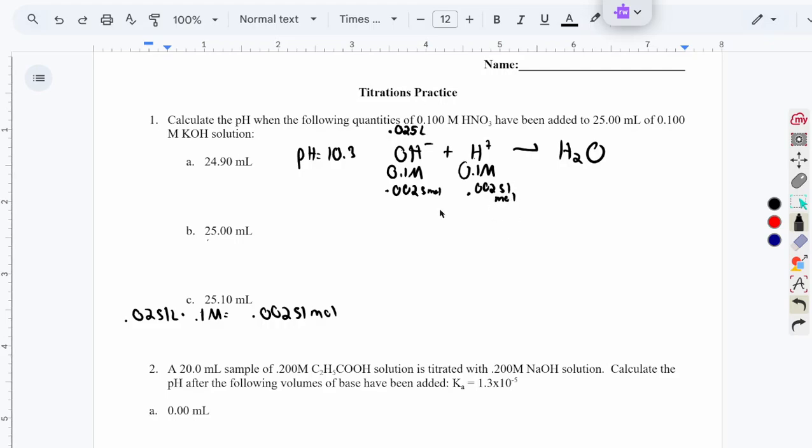So now we can see again, this is just a limiting reactant problem. However, this time OH minus is going to be consumed completely. So OH minus is my limiting reactant. So I'm going to subtract that out. That goes away. And if I subtract it out from this 0.0025, I'm left with 0.00001 moles of H plus.